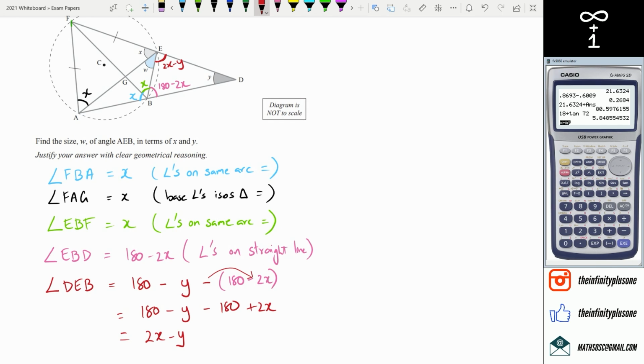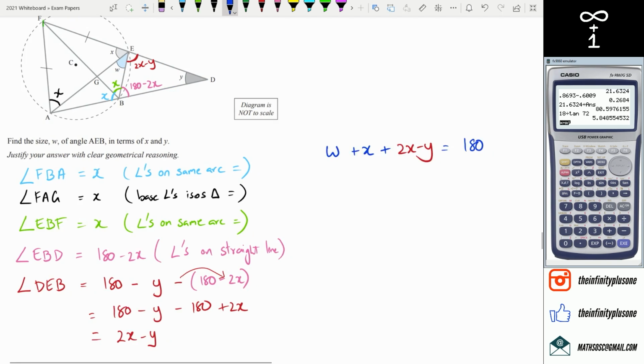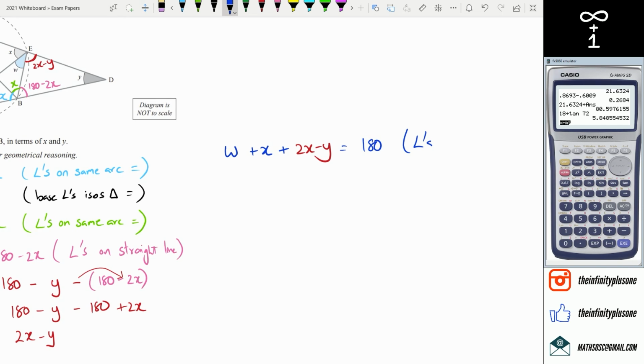Finally we can say w plus x plus 2x minus y, all of that is equal to 180 degrees because angles on a straight line equal 180 degrees.